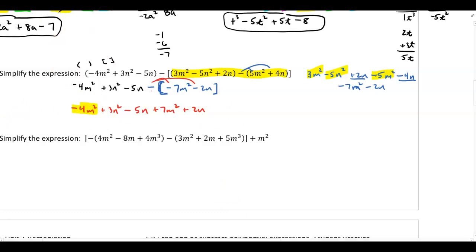What can be combined with m squared? 7m squared. So negative 4 plus 7 is 3m squared. What can be combined with n squared? There's nothing, so I bring down the 3n squared. Now, negative 5n plus 2n gives me minus 3n. And this is my answer. Okay?